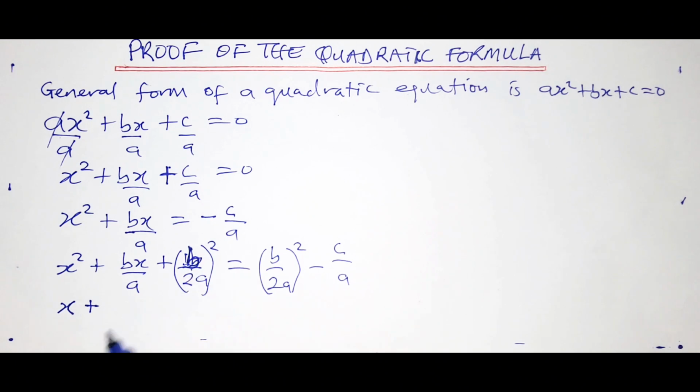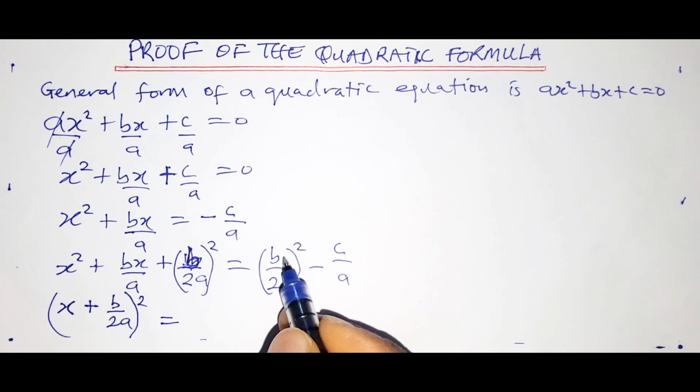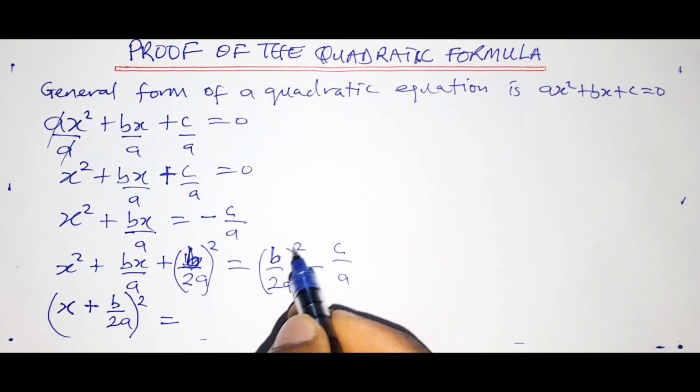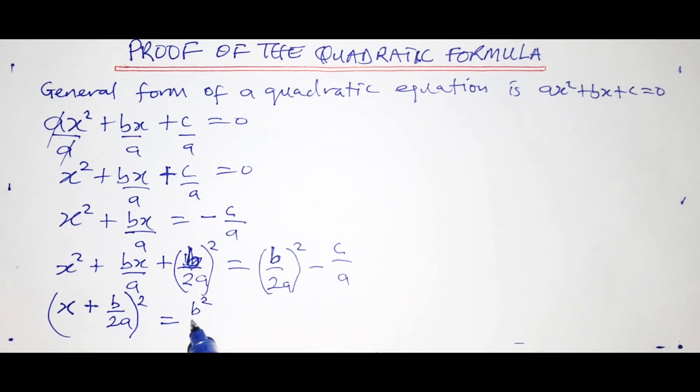So now you pick out this other one here, b all over 2a, all squared, equal to this other one. Let us open this bracket: b squared all over 2 raised to power 2 is 4, a raised to power 2 is a squared, minus c all over a.